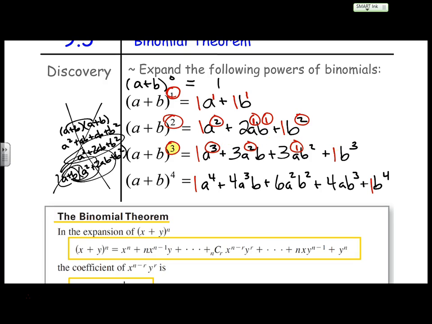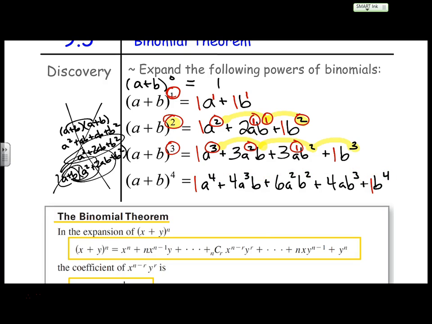As a counts down, what does b do? b counts up. He's not there, and all of a sudden he appears. So he goes from 0 to 1 to 2, to 3, to 4.